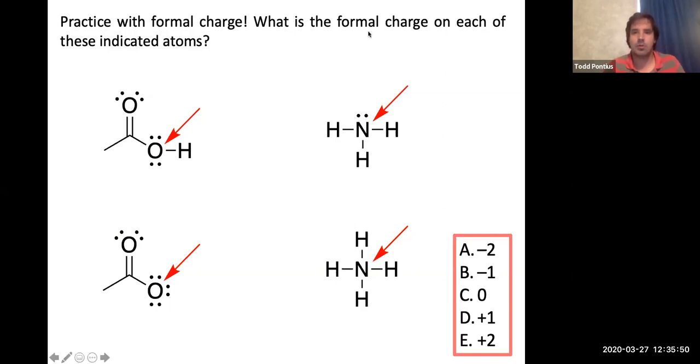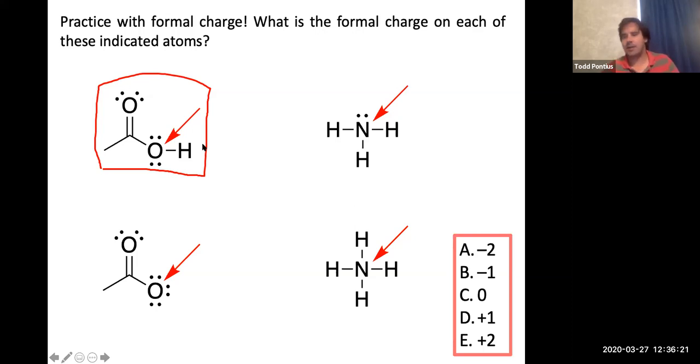So up first, we're going to do this molecule right here. Specifically, we're looking at the oxygen that we're pointing at. So take a moment and see if you can calculate the formal charge on it. We'll give this about a minute or so. And when you're ready, just let me know, and we'll go through it. Again, don't write your answer yet in the chat.